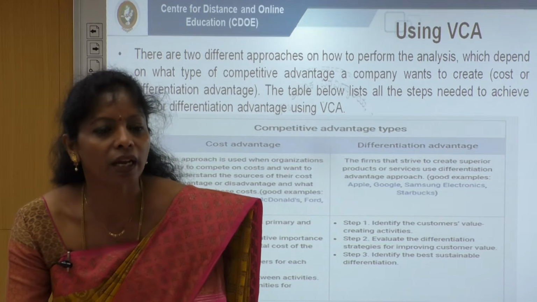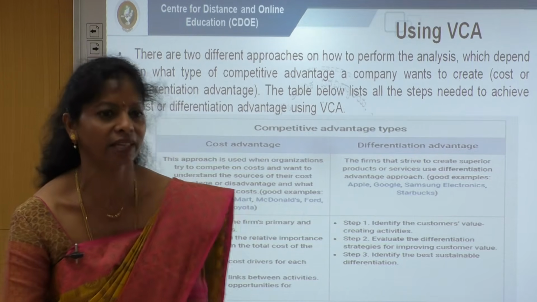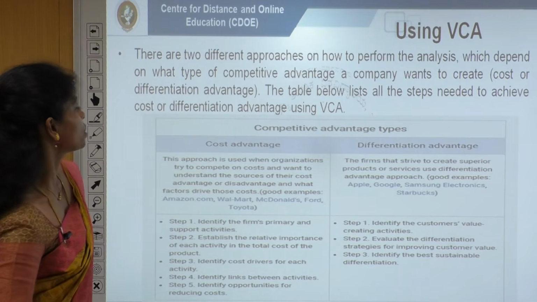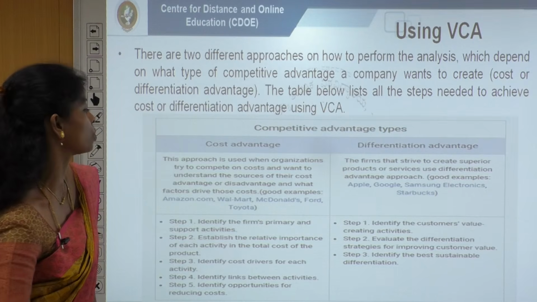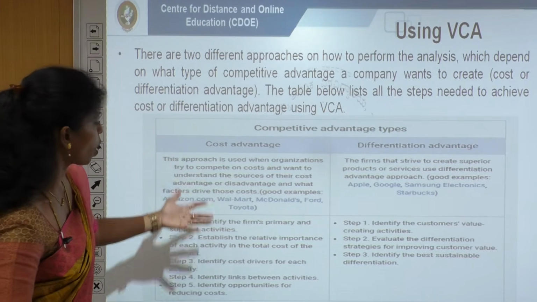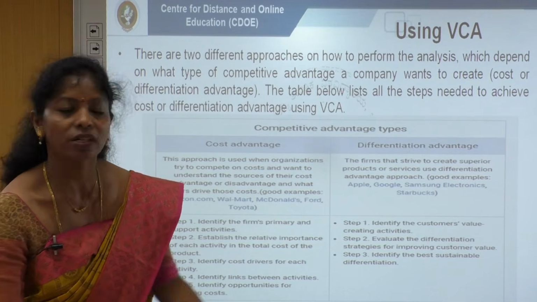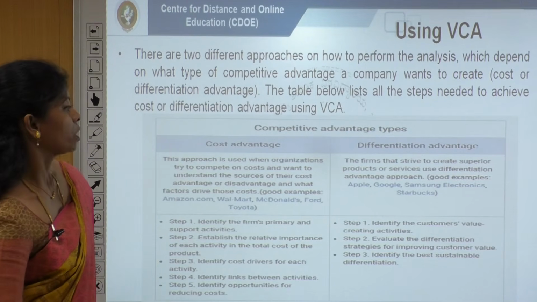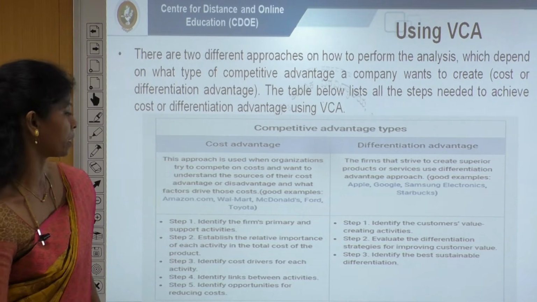So here you look at the factors that drive those costs. Good examples are Walmart and Amazon. The Amazon example was explained in the previous session. Accordingly, these are the steps used to identify cost advantages.